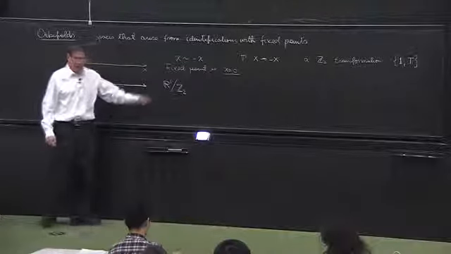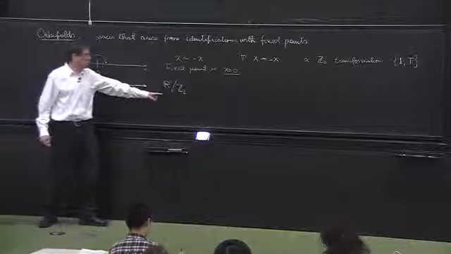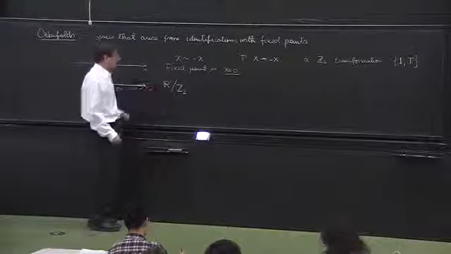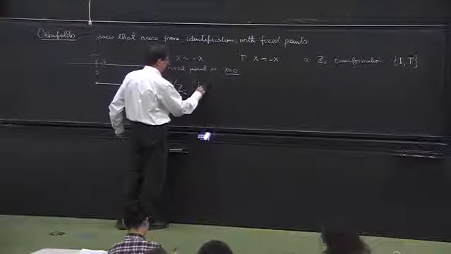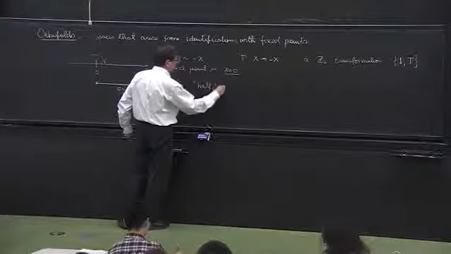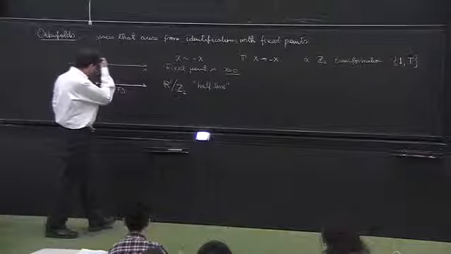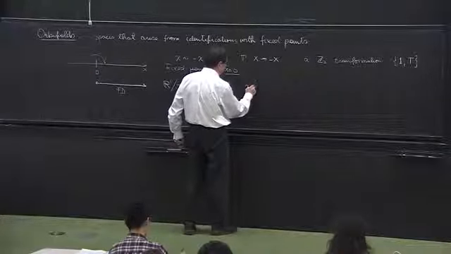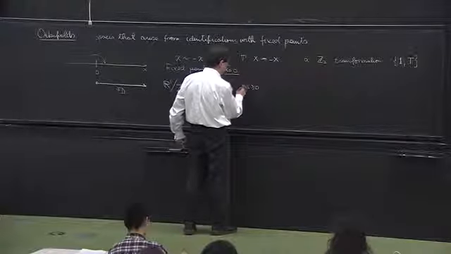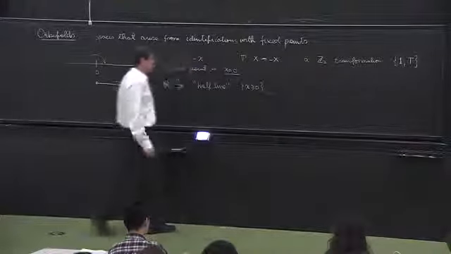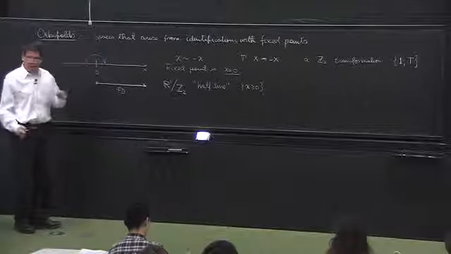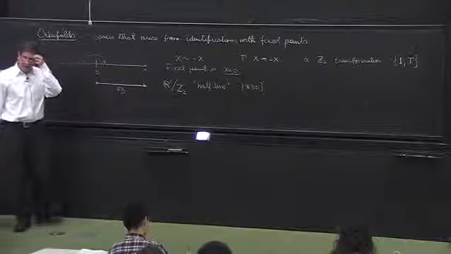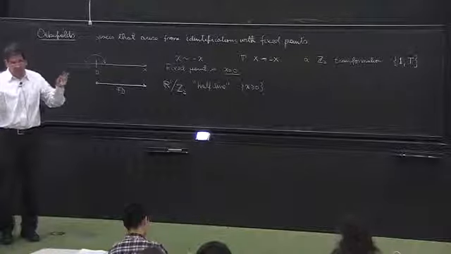R1 for a line, Z2 by the identification. This is an orbifold, it's a simple orbifold, and it's the half line. And it is the set of points x greater than or equal to 0. And it's a little bit of a singular space in the sense that it ends. So it requires some care.